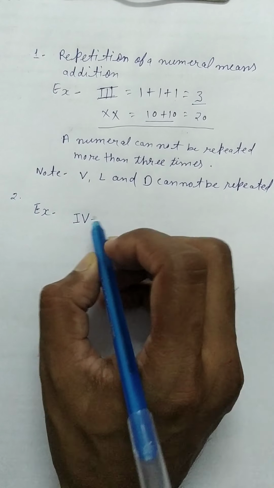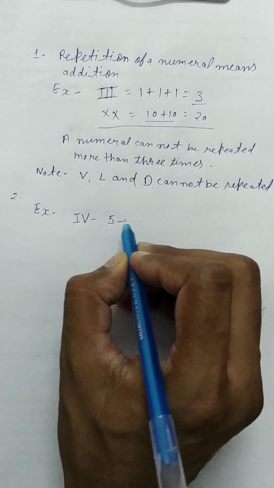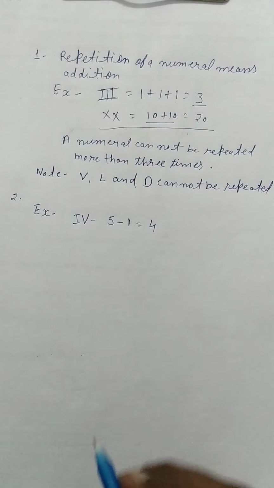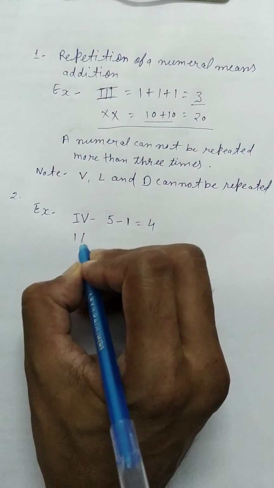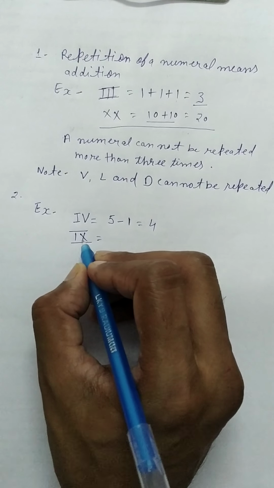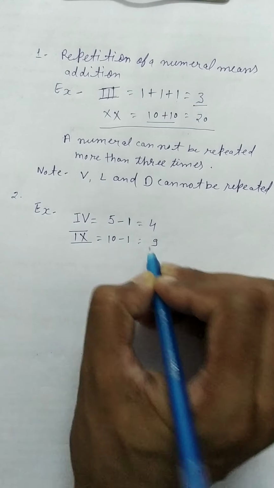This is the value. The greater value is 5 and the smaller value is written before 5. So 5 minus 1 is equal to 4. And next example is IX. The value of X is 10 and minus 1 is equal to 9.